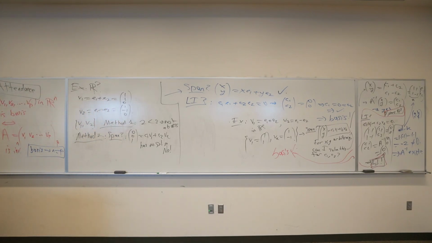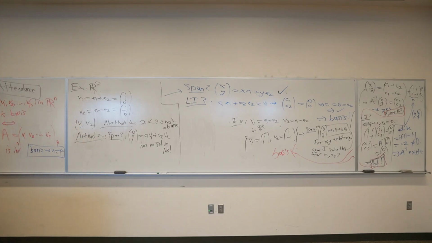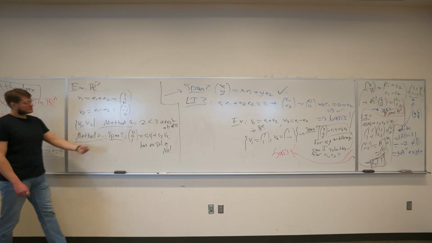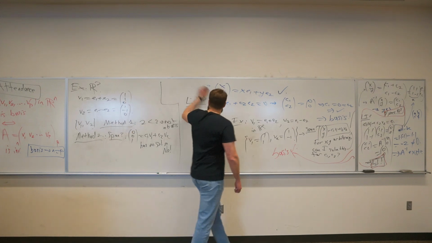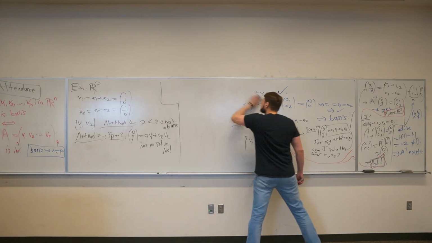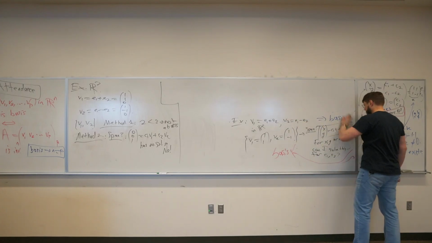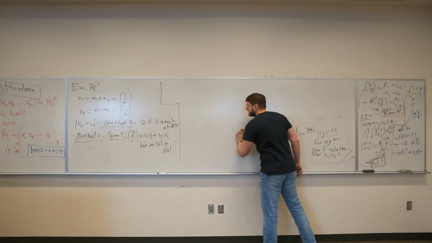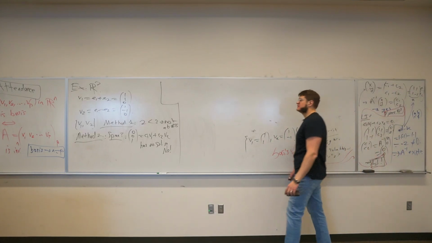And in fact, if you want, you can go a little bit deeper about this. In Rn, if you have fewer than n vectors, as in this case, spanning is going to break down. Okay? You will not be able to span everything. I'll write that. On the other hand, if you have more than n vectors in Rn, they're going to be definitely linearly dependent.